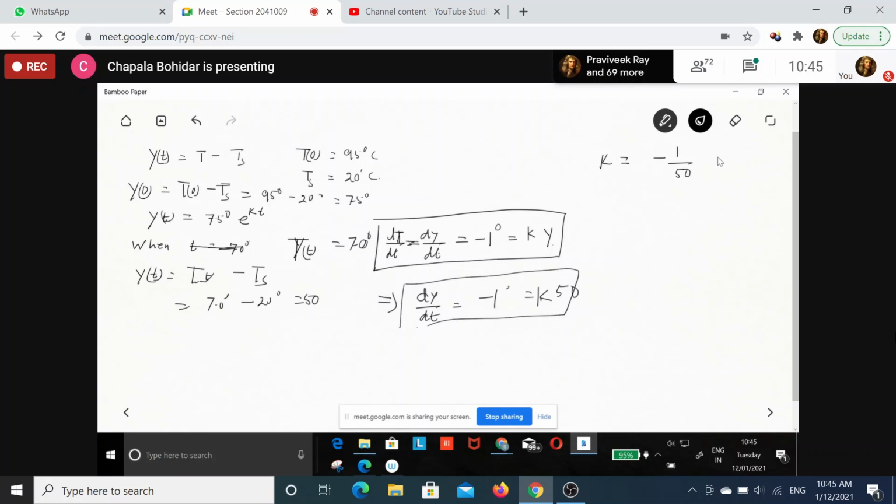So now y(t) is equal to what you write down? y(t) is equal to y(0) into e to the power kt, that is our 75 degrees e to the power minus 1 by 50 t. We write down y(t) equal to 50.